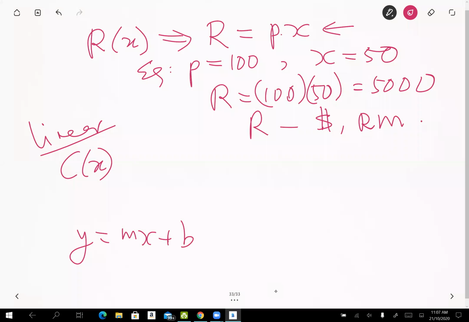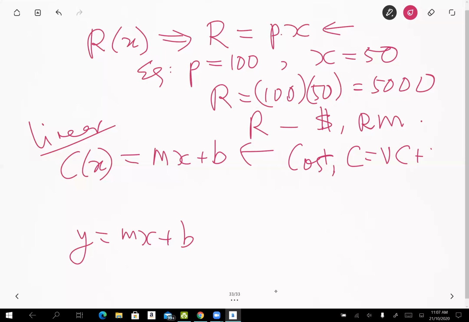So for the cost, you will get mx plus b. If you go to the concept of the cost, what are the components of cost? Anybody recall from principles of micro? Fixed cost and variable cost.